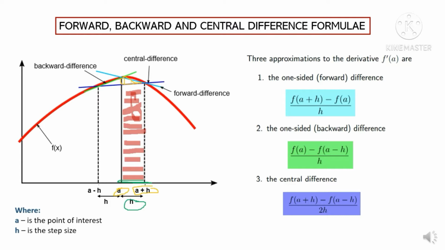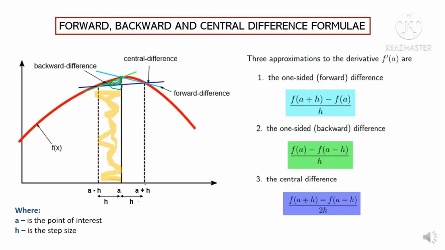The second formula is the backward difference, which considers the left side of a. To get the formula, we do the same thing: get its slope, which is the difference in y values over the difference in x values.